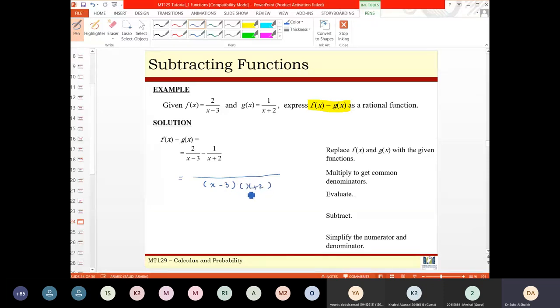This is the common. Then we do cross multiplication. We multiply 2 with x plus 2, and we multiply 1 with x minus 3, with a minus in between them. Yeah?